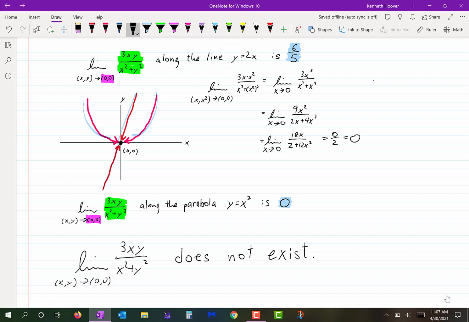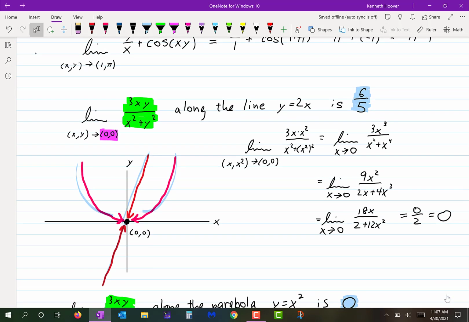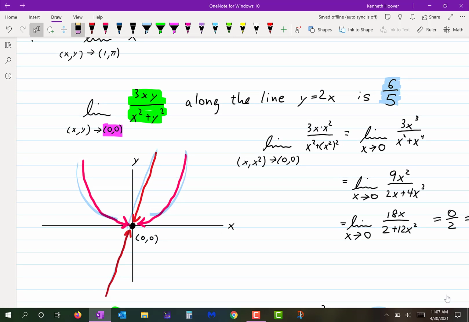And by the way, before we close, let's go back up to this question that we had done here, along the line y equals 2x.